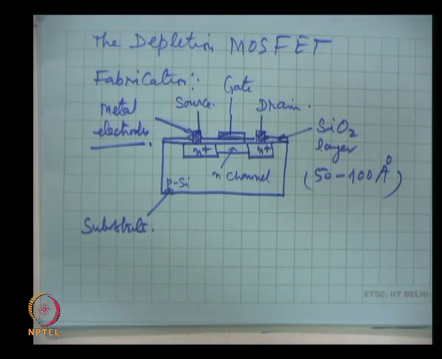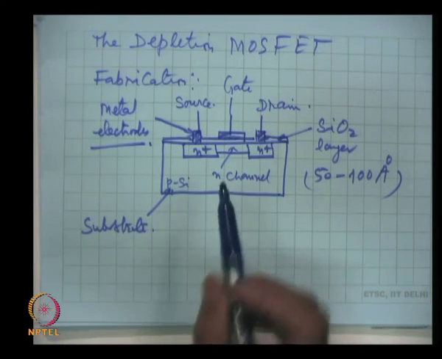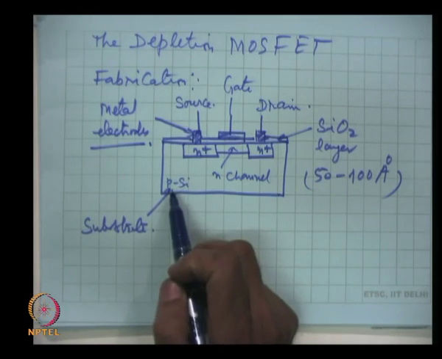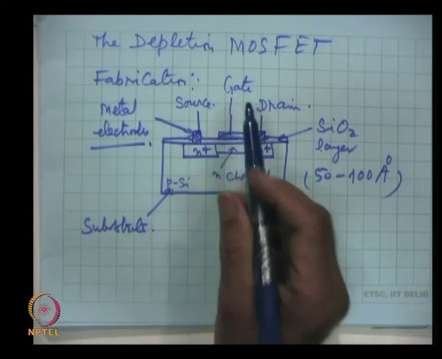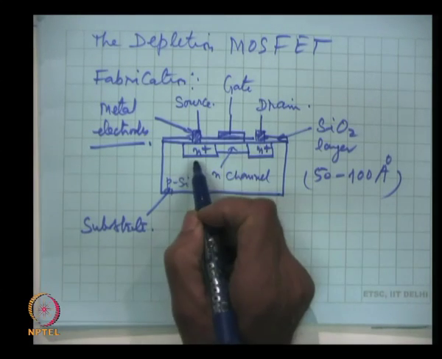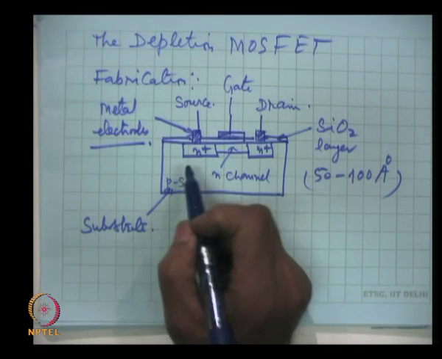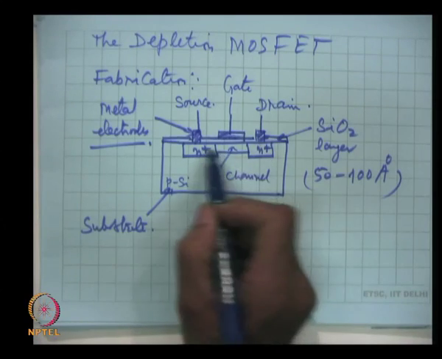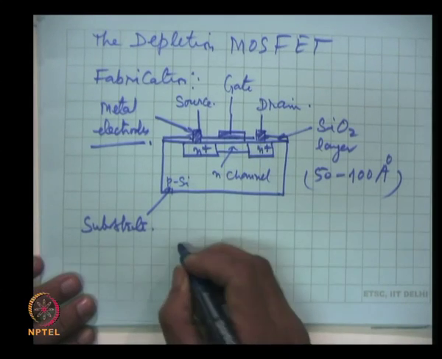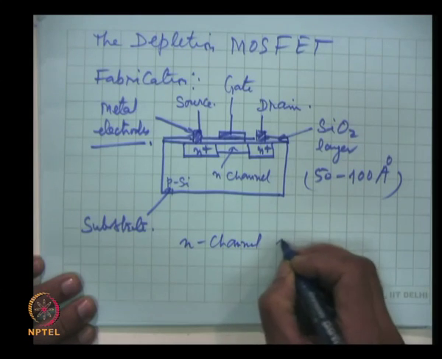This is a depletion MOSFET. I repeat all that I have done: p type silicon is taken as substrate over which two regions are created by heavily N type doping, and in between this N channel is implanted.